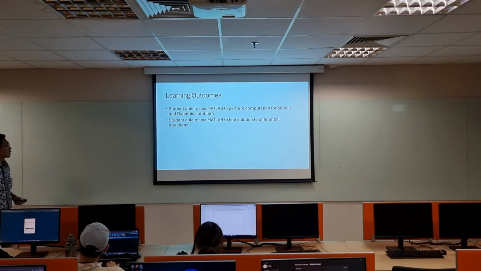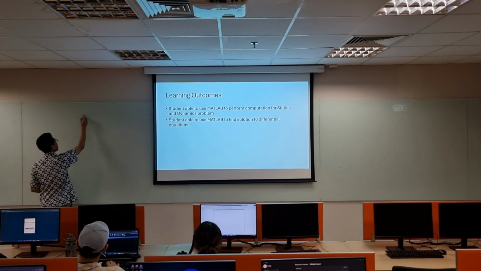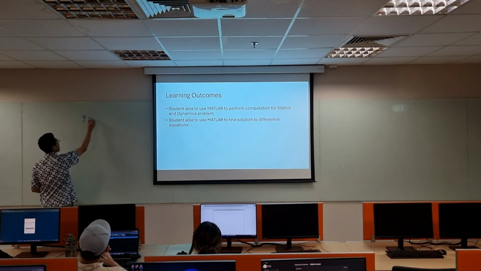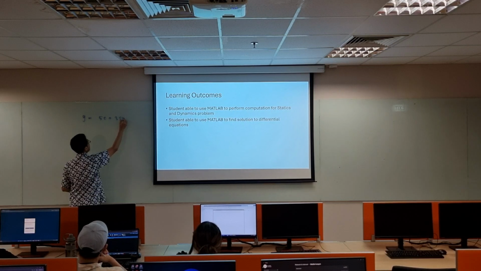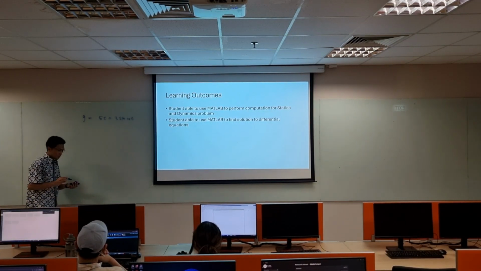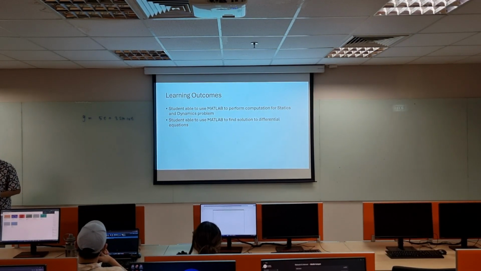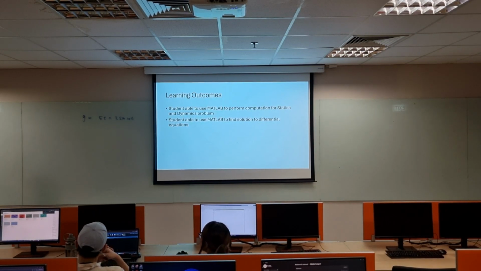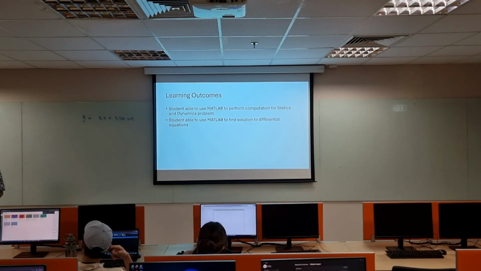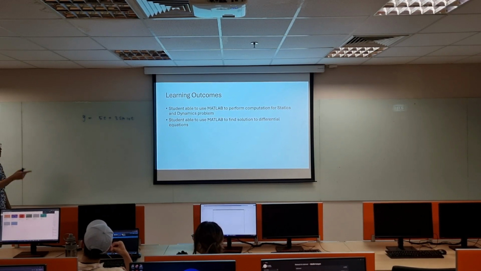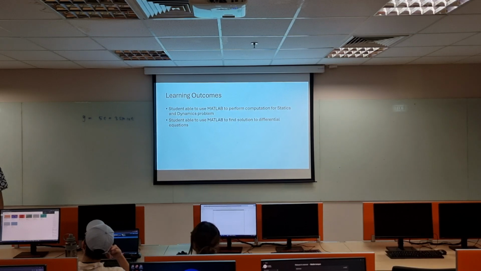So when you see this equation, y is equal to 5t plus 3 sine 10t, is this an equation to you? It's an equation. To be exact, this is a solution or a behavior of a system that we see. But this doesn't tell the characteristics of the system.